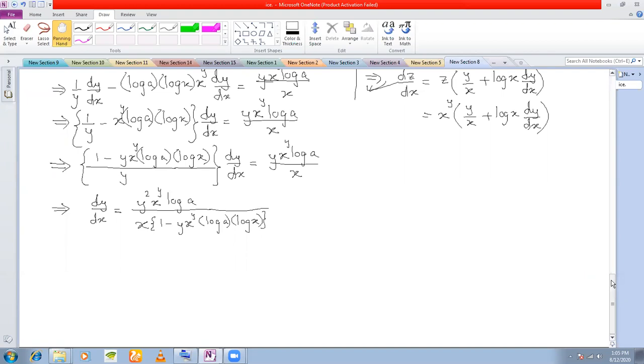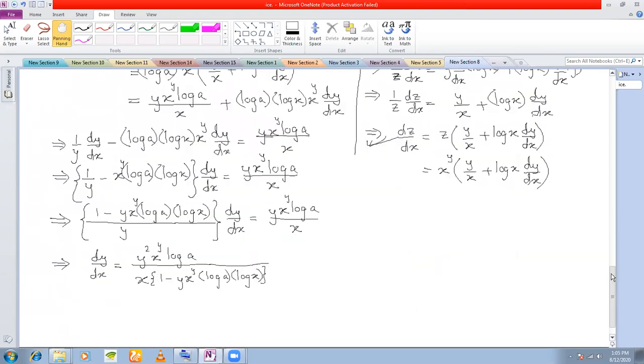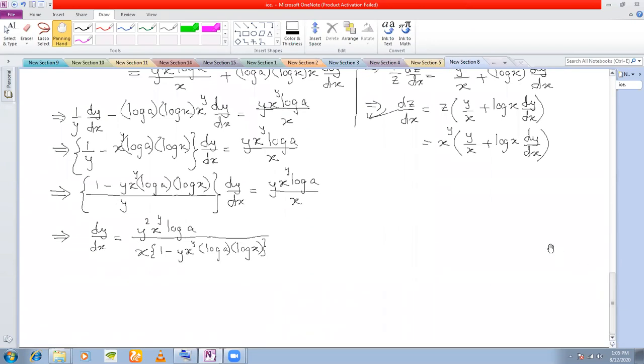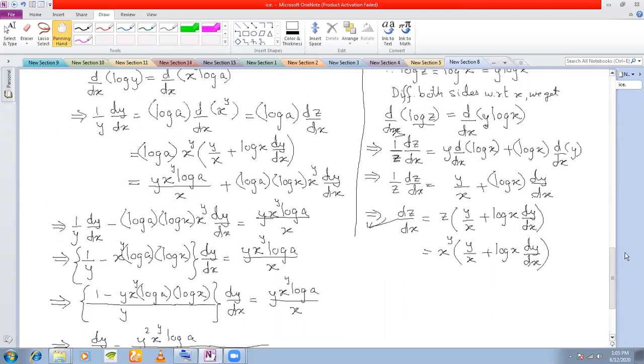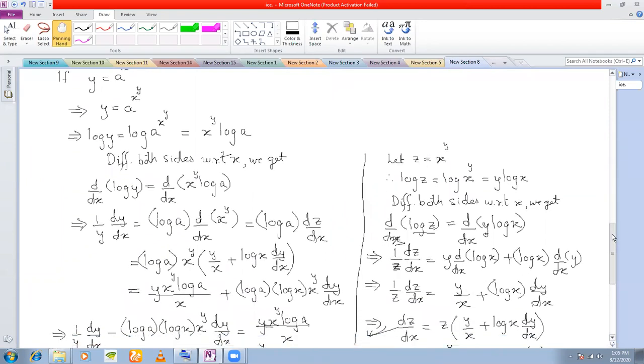Log A. y is equal to e to the power of x whole to the power of y.